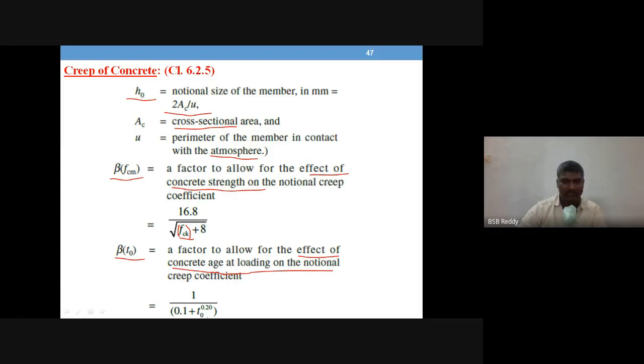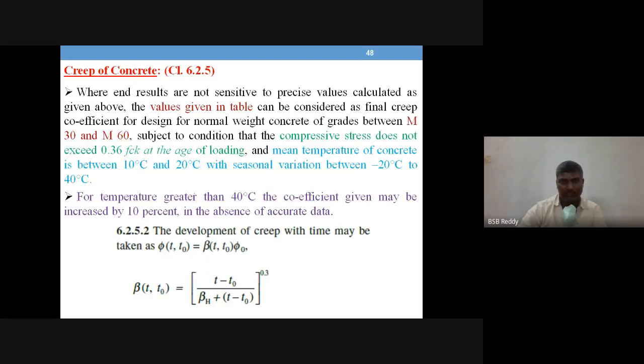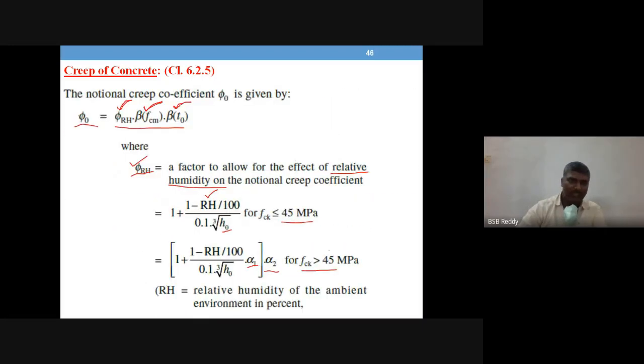So just substitute the t value at which age you want this coefficient, and t naught value will give you the beta value. So this is about estimating phi naught value, the ultimate creep coefficient.